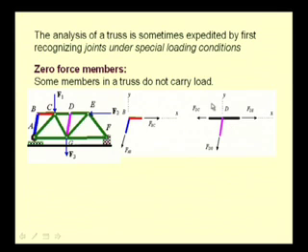So, it is possible to determine using this analogy the various zero force members if they exist in a truss.